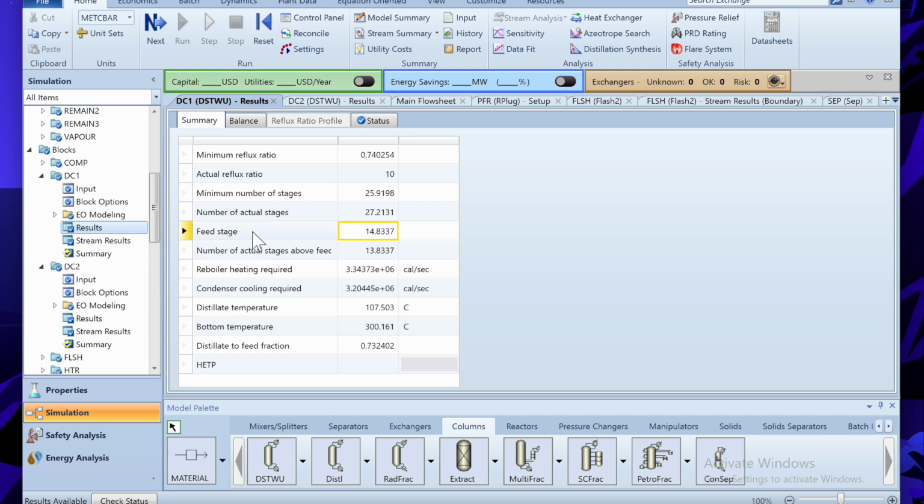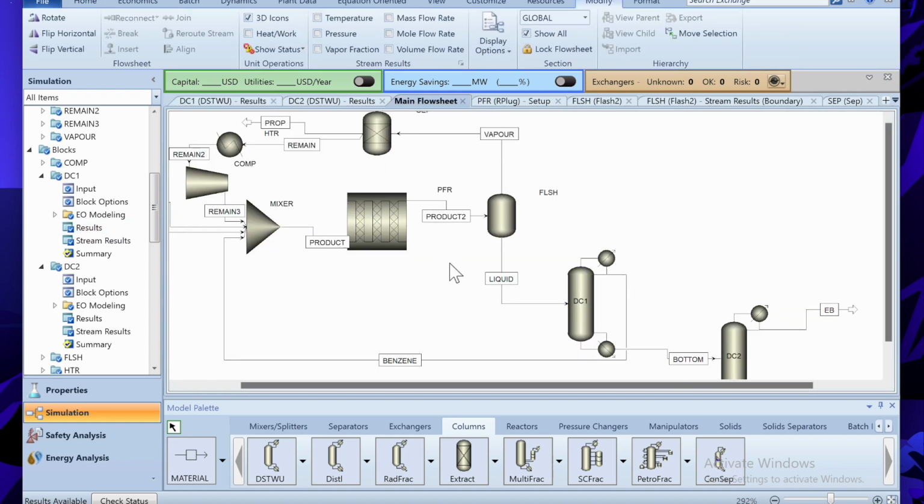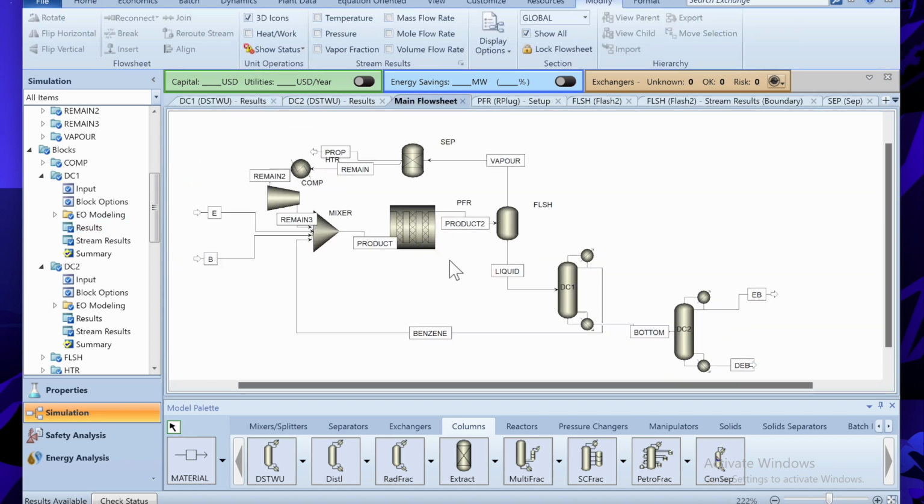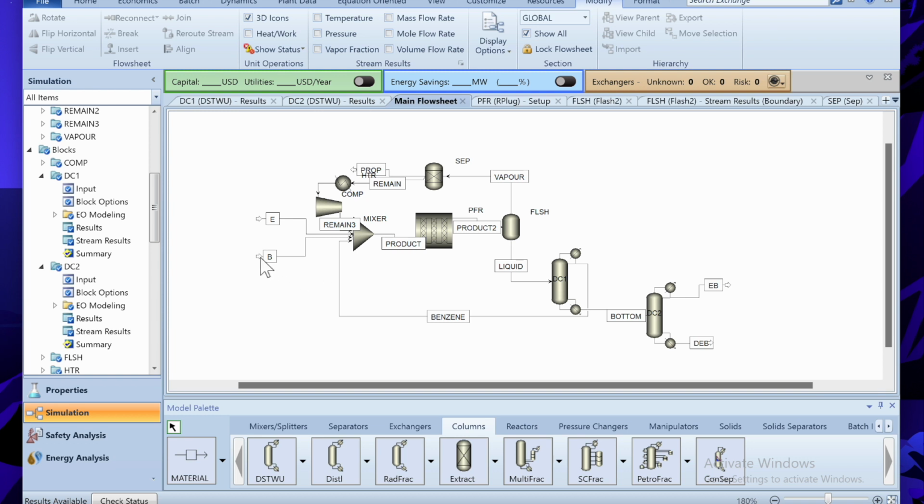So the number of stages is 27, and your feed stage is 14. Yeah, correct. So reflux ratio is 10. You can change the reflux ratio, then you can see what the effects of the reflux ratio are on this process.